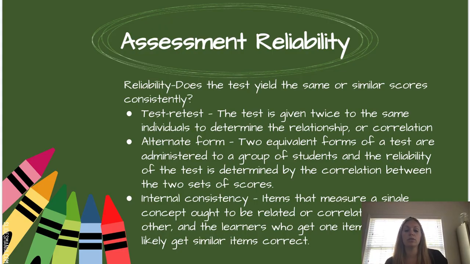So the learners who get one item correct will likely get other ones correct as well. If you're looking at area, if the student knows what area is, then they'll most likely get these area questions correct.